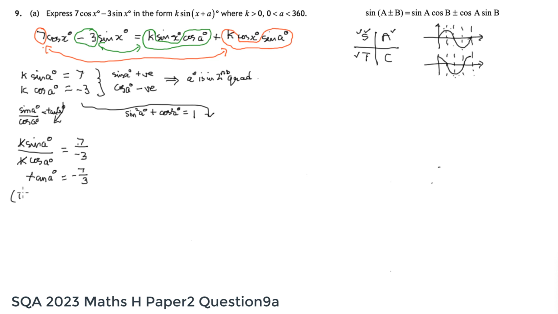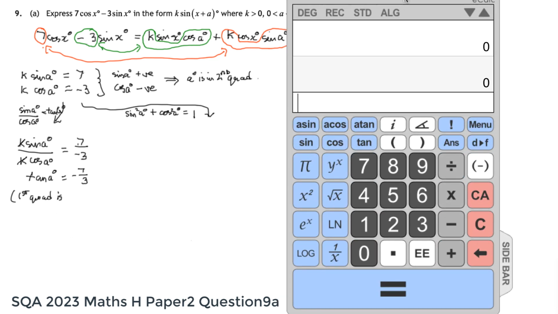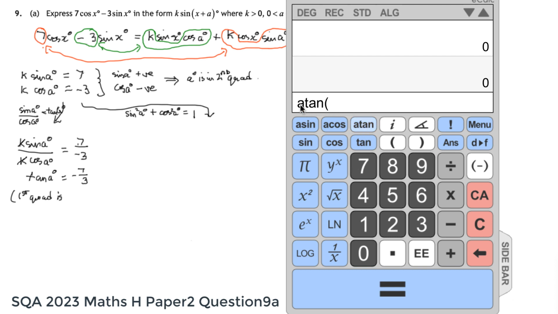Now the first quadrant angle, remember A is in the second quadrant, but we first want the first quadrant angle. In the first quadrant the tan is positive, so we put 7 over 3 and ask ourselves what is the angle whose tangent is 7 over 3. On your calculator it might be tan to the -1, it might be arc tan, on mine it's atan.